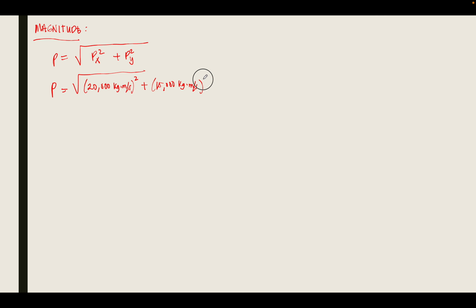Okay, to solve for the magnitude, we will be using the Pythagorean theorem. So, to solve for p, we have the square root of p sub x squared plus p sub y squared. We have the values of p sub x and p sub y, so we can now solve for the magnitude p. Okay, so we have 20,000 kilogram times meter per second quantity squared plus 15,000 kilogram times meter per second quantity squared.